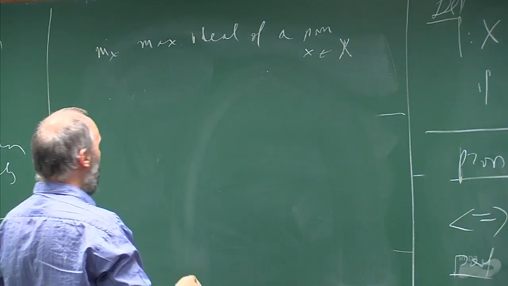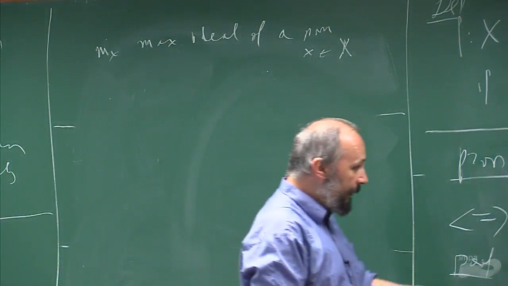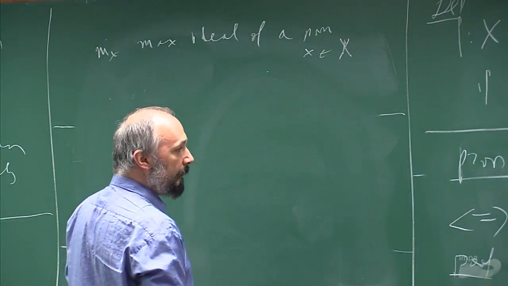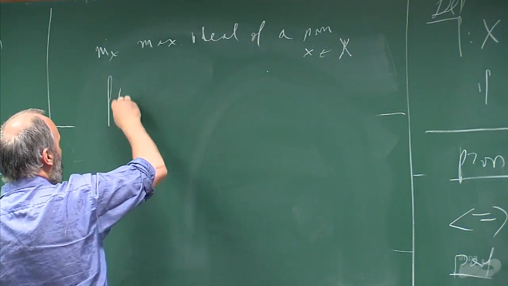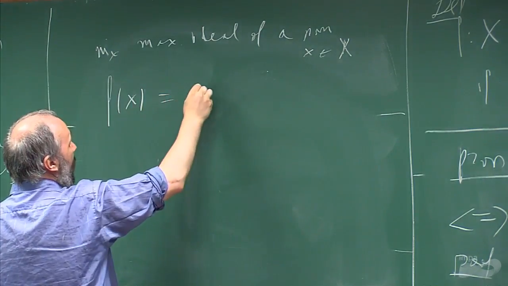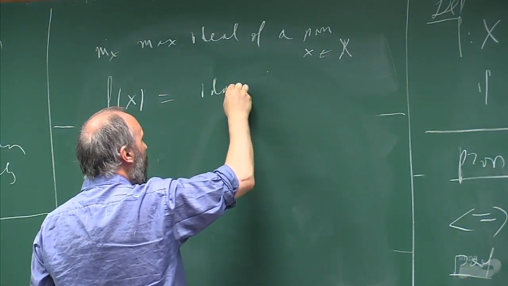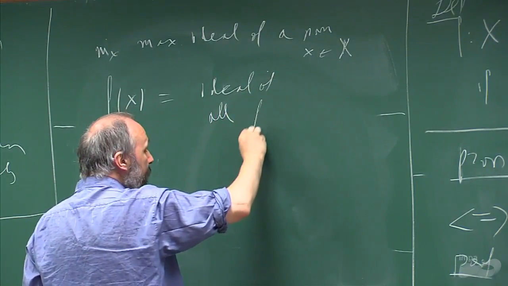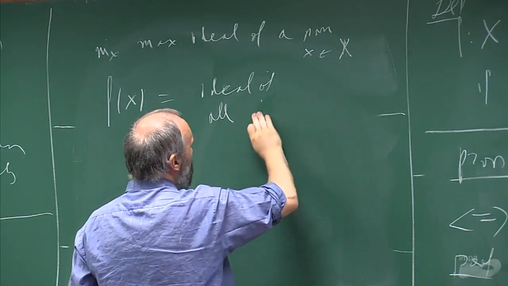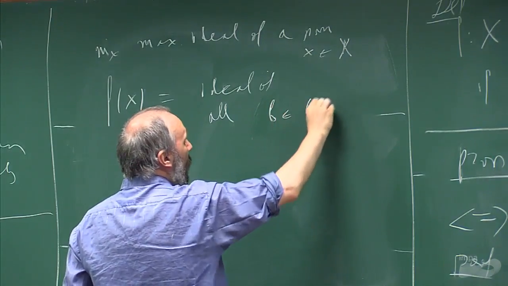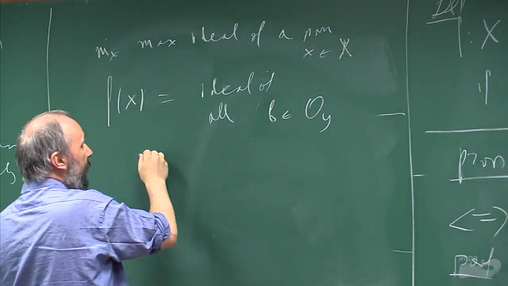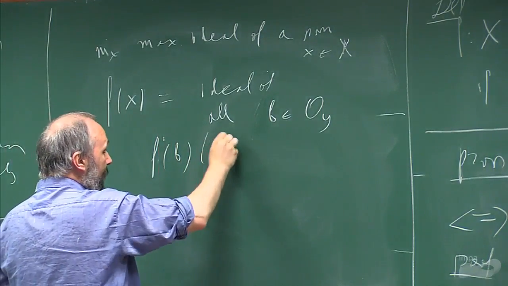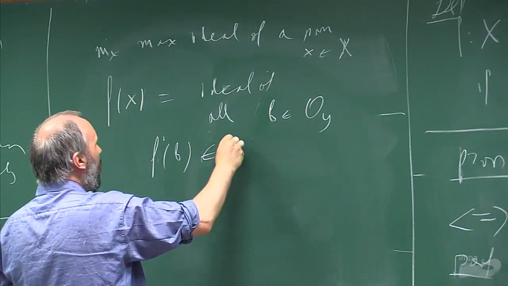Now we're interested in what the image of this point is in Y. So f of the corresponding point is the ideal of all functions B in OY such that f star of B evaluated at x is 0, so it belongs to Mx.